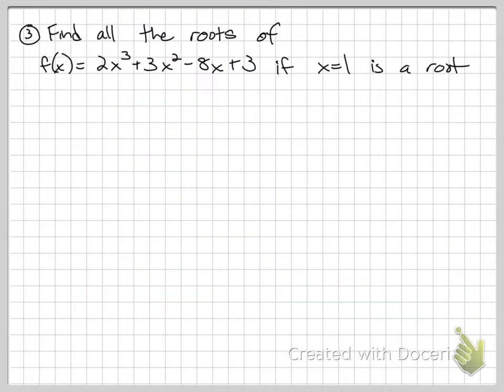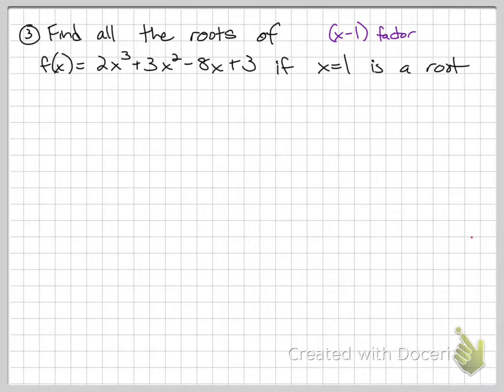Okay, find all the roots. This time we are given a root. You know synthetic division and long division, so it is your choice. If x equals 1 is the root, remember that means that x minus 1 was the factor.